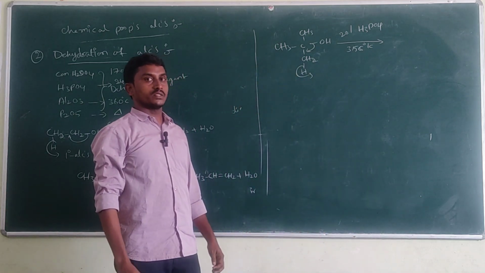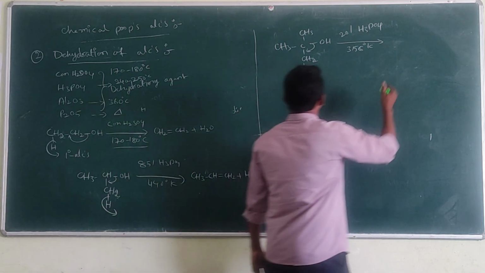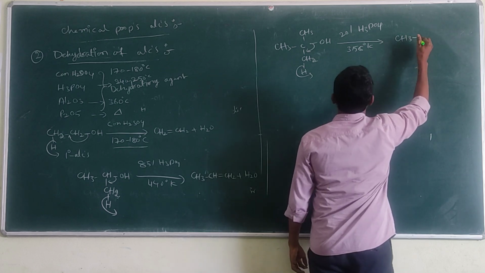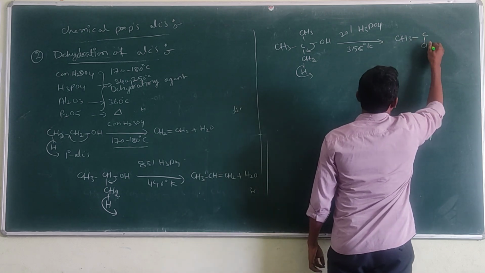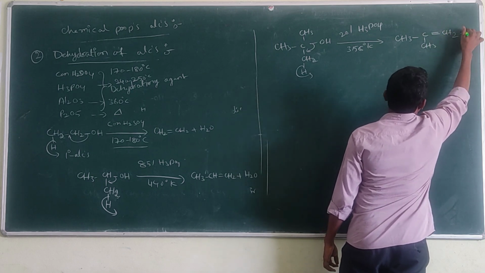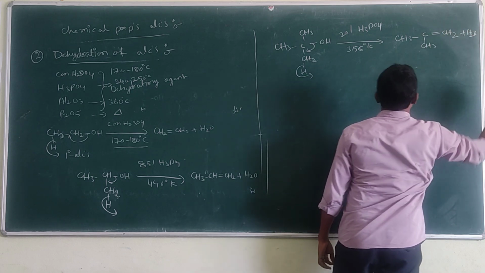Dehydration takes place, giving the alkene (CH3)2C=CH2 and releasing water.